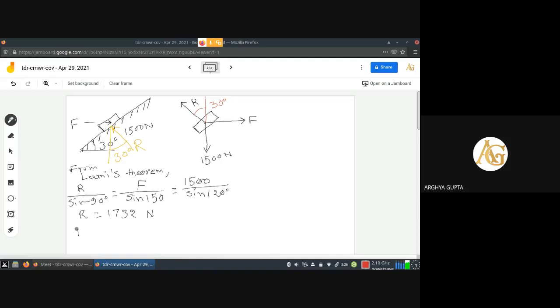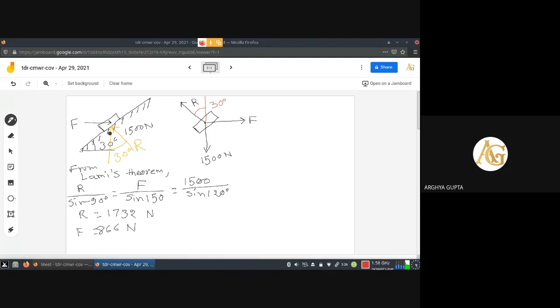And F, the value of the force to keep the body in equilibrium, coming out as, let me calculate that first. 1500 divided by sine 120 into sine 150, 866. Okay, so these are coming out like that.